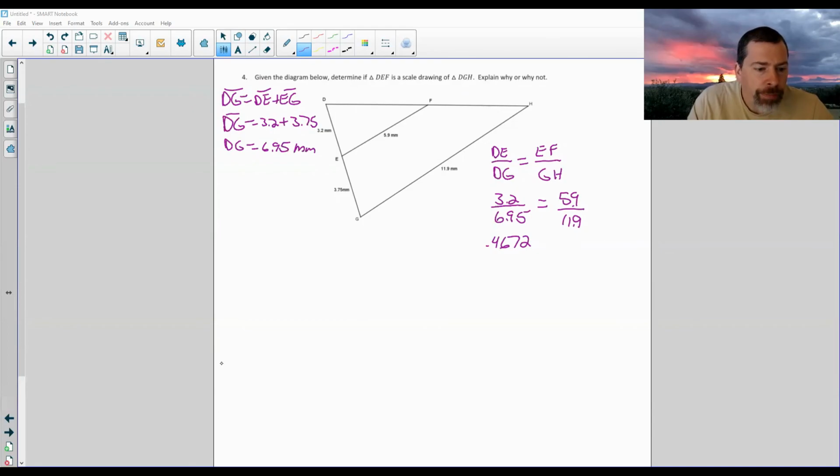So I take 5.9 divided by 11.9. And I got 0.4958. Let me make sure my number's right. 0.49579 rounds up to 8, so that's correct. And obviously 46 100ths does not equal 49 100ths.